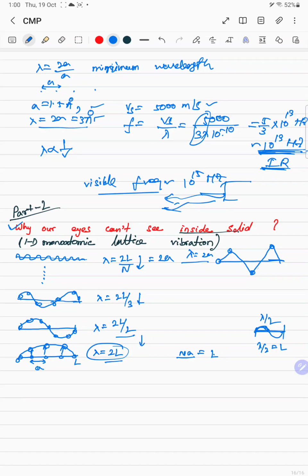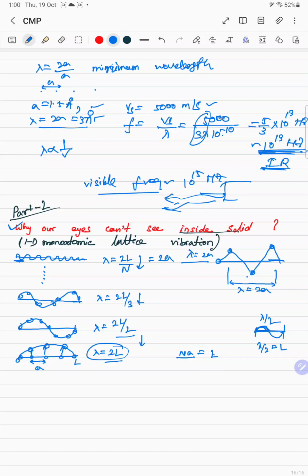Yes, it will look like this. If you zoom into this portion, here is one atom, here is another atom, and there will be another, and this atom will be here. So what is the wavelength? This is the lambda. So this wavelength is lambda equals 2A.